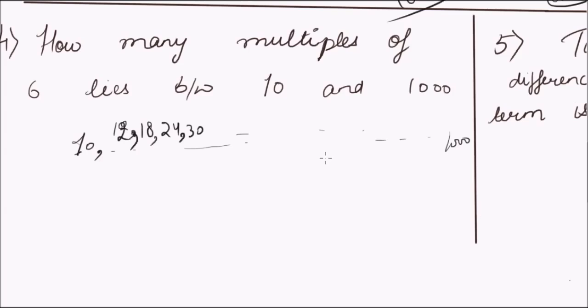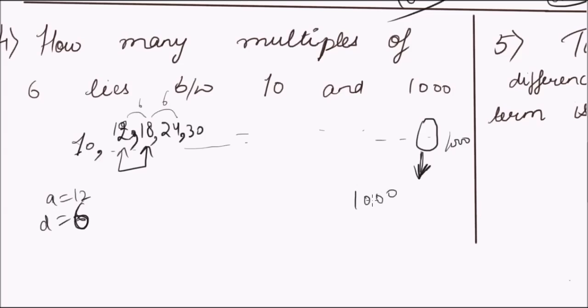So we will use AP over here. Clearly the increment is 6 for every term, as 18 minus 12 is 6, 24 minus 18 again 6. So this is also an AP, where a is 12 and d is 6. But we have to find out the last term so that we can calculate the position of this term.